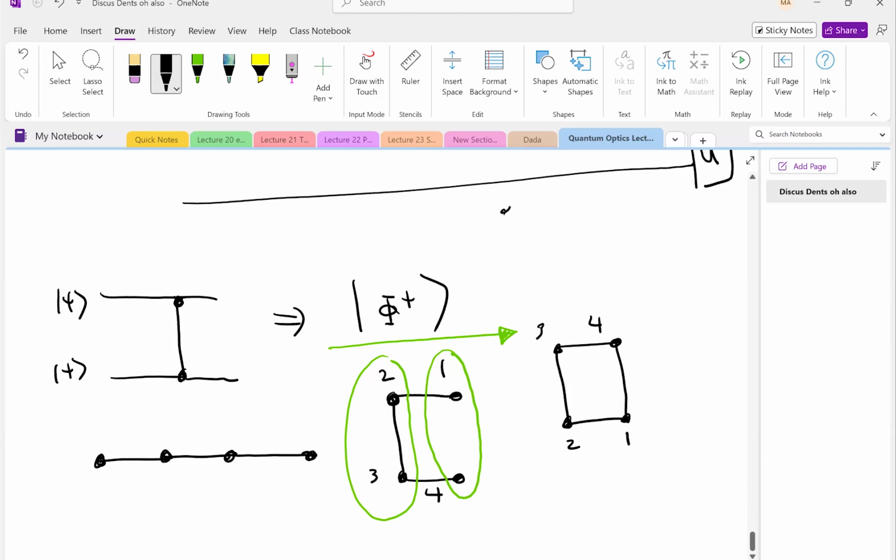I can have more complicated clusters. So the basic idea is to generate these cluster states and finally do measurements. And through pure measurements, we can implement certain kinds of gates and implement certain kinds of algorithms.